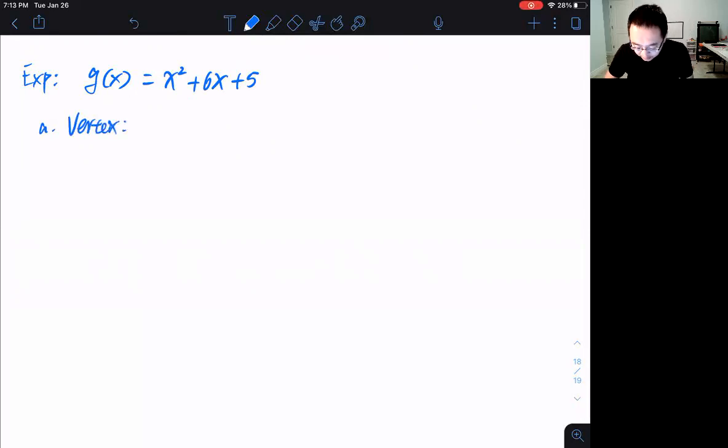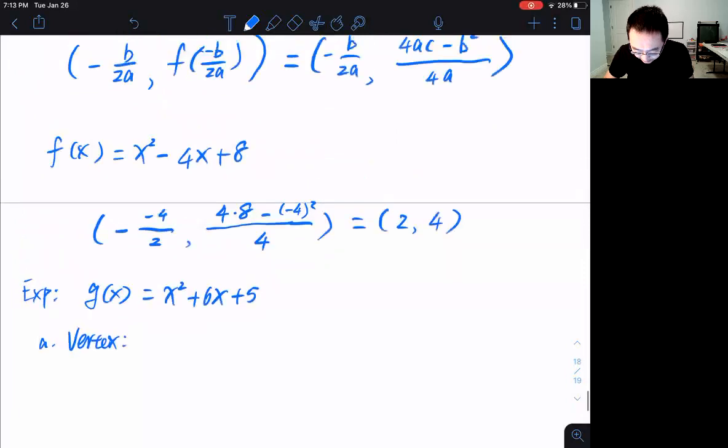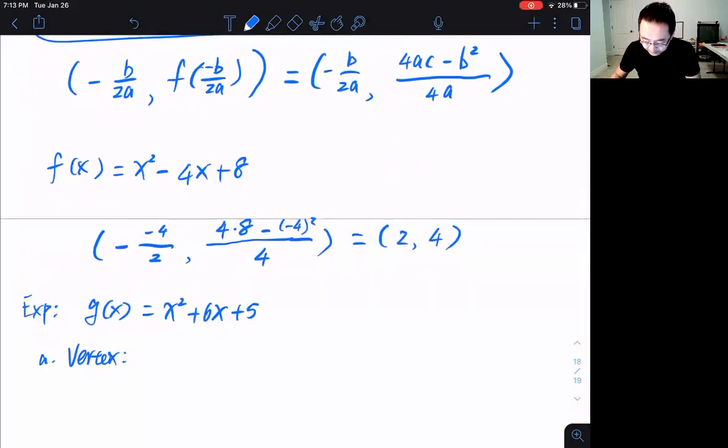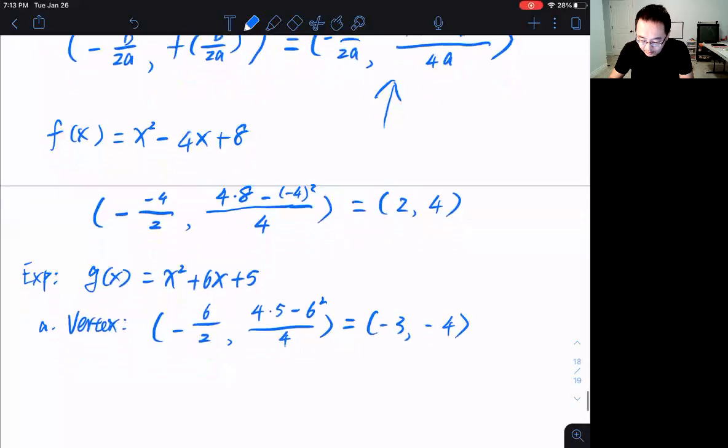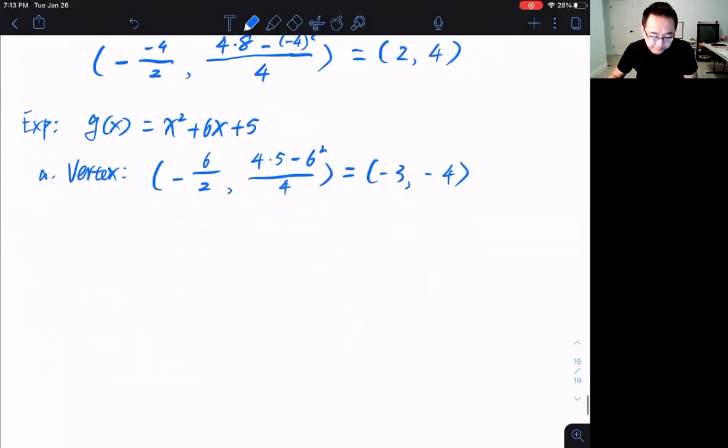Applying this rule here, we know the vertex is negative 6 divided by 2, and 4 times 5 minus 6 squared divided by 4, because that's just applying the rule we have just learned about. That gives you negative 3 and negative 4. Hope everybody is with me.